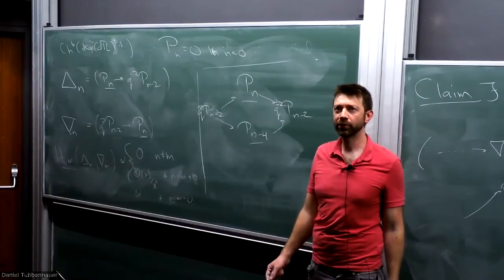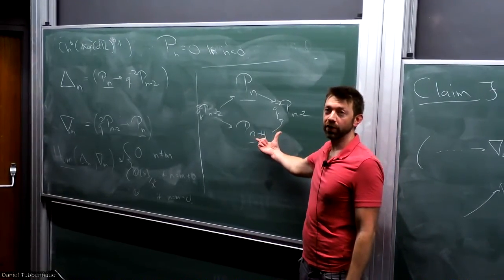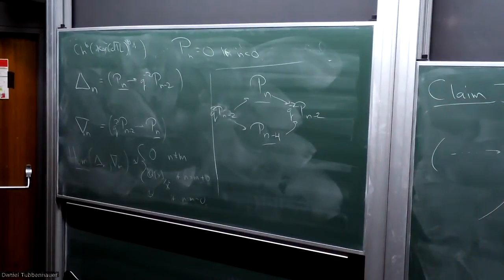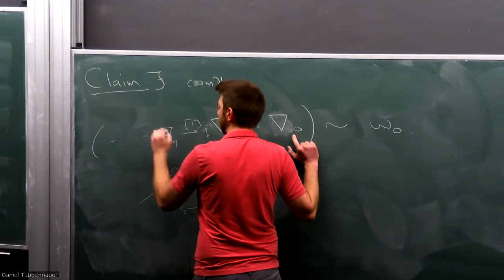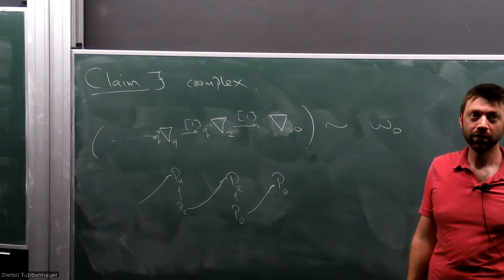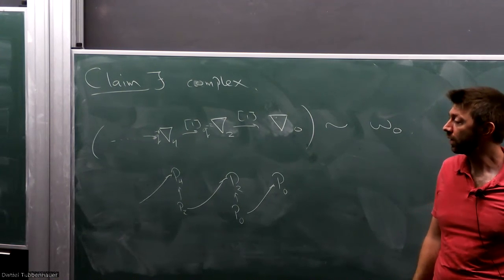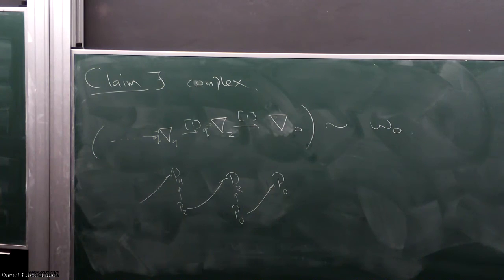I'm sorry, maybe I misunderstood the question. So this should be considered to be perverse, or in the heart of our t-structure. And each of these is actually not in the heart, so there are really shifts here. So it's really a proper complex, the resolution of our object. There are no shifts here.